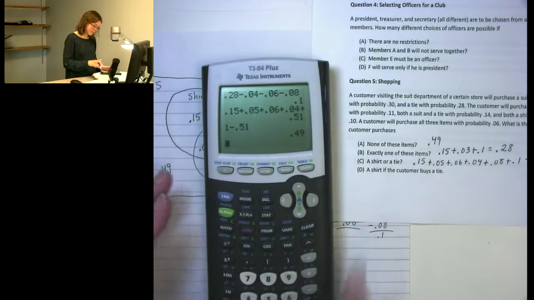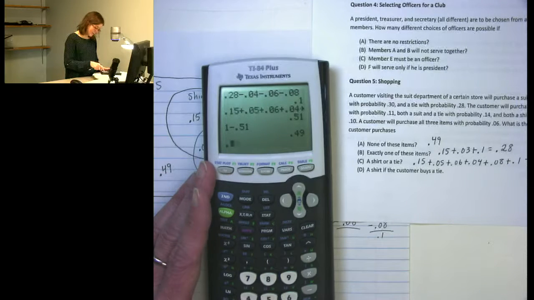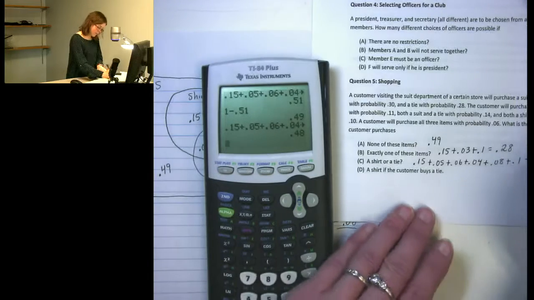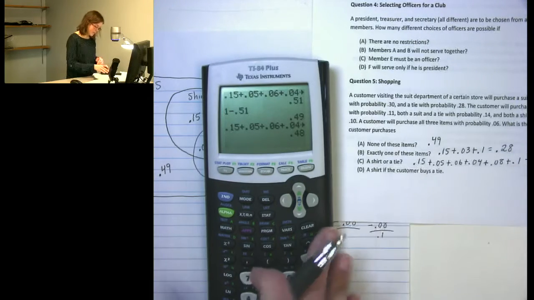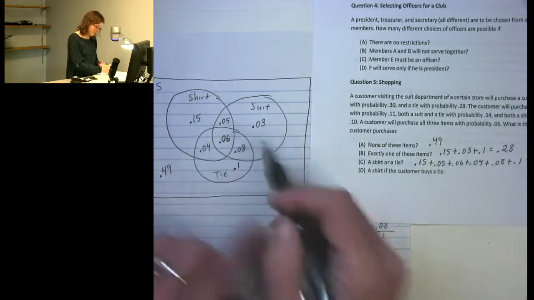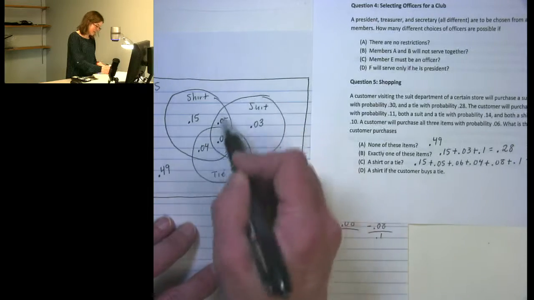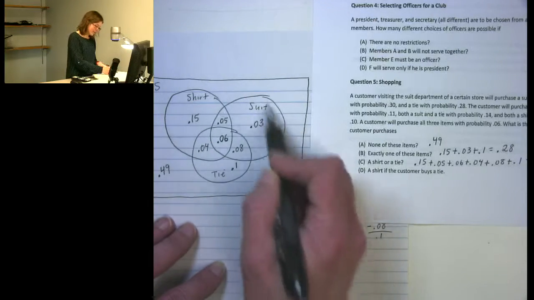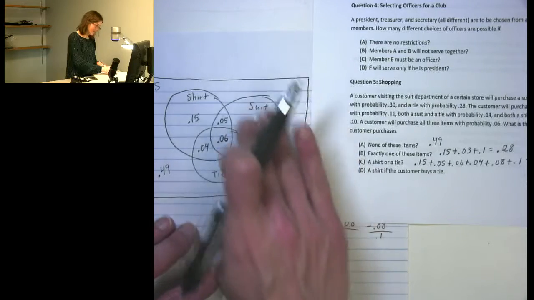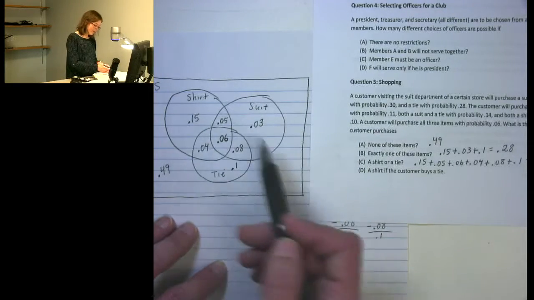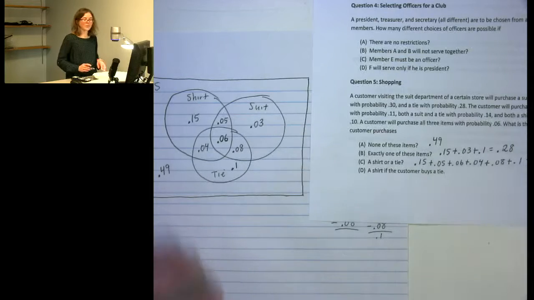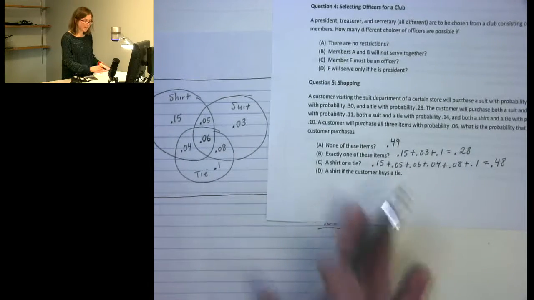That gives me 0.48. The other way I could do it is to take the 0.51 and subtract off the 0.03. I know the chance of buying at least something is 0.51, and the chance that it doesn't include a shirt or a tie is 0.03. So 0.51 minus 0.03 would also give me 0.48. That's another way I could have done that.